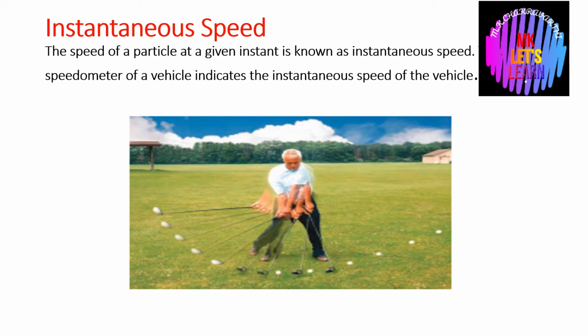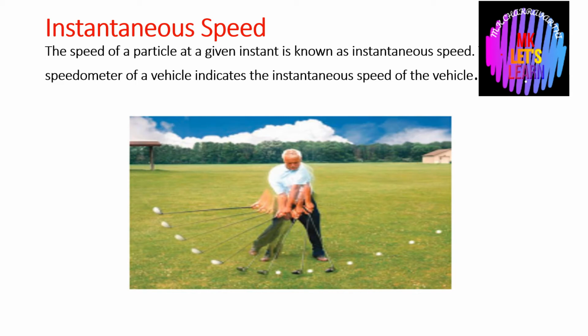The speed of the club head as it hits the ball is about 200 km per hour. Imagine how much speed he hits the ball with. So this tells about a new concept, instantaneous speed. The speed of a particle at a given instant is known as instantaneous speed. The speedometer of a vehicle indicates the instantaneous speed of the vehicle.